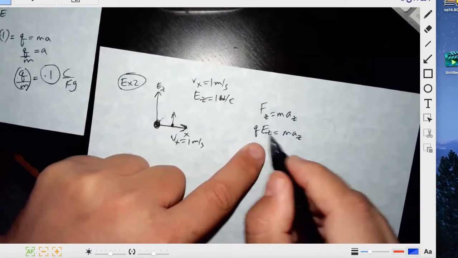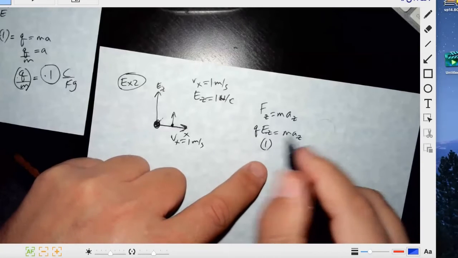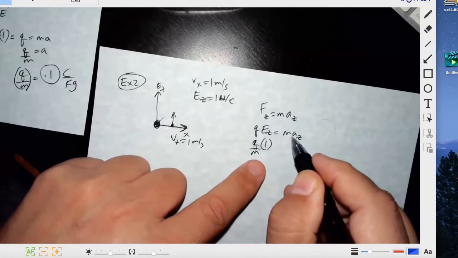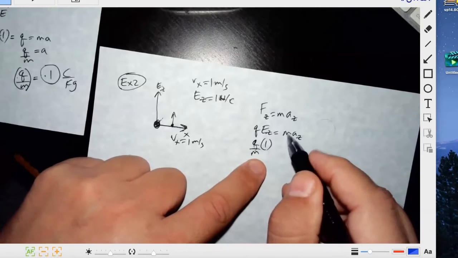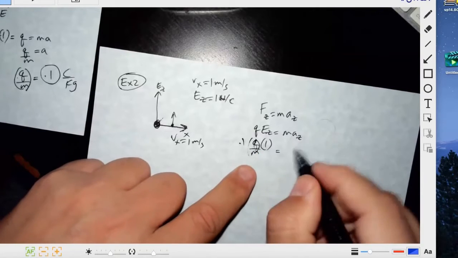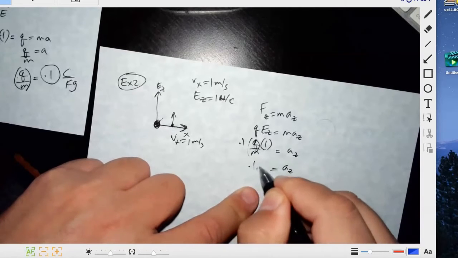So then EZ is going to be 1. Q over M, we already know is 0.1, right? So then this one here is 0.1 from the earlier. So then AZ is going to be 0.1 meter per second squared.